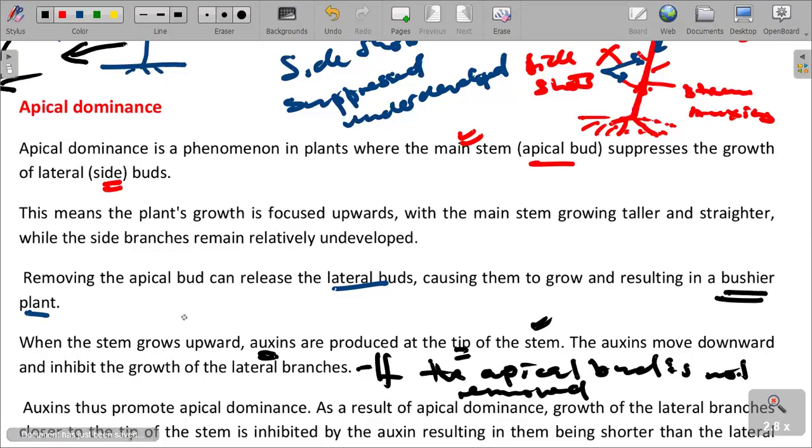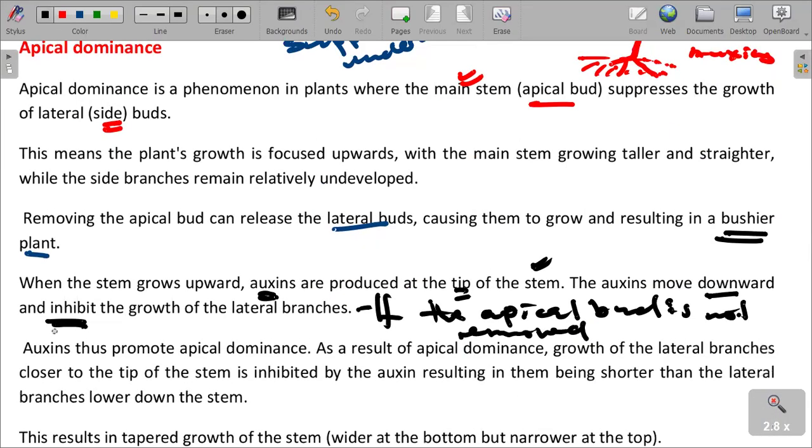If the apical bud is not removed, the plant grows tall because the auxins move downwards. I'm sure you remember from the demonstration of phototropism that the stems produce the auxins, and the auxins move from the tip of the stem downwards, causing the flexibility and the growth of the stems.